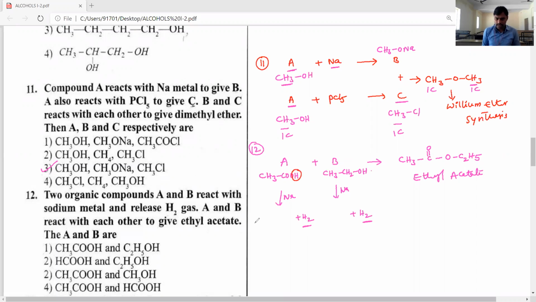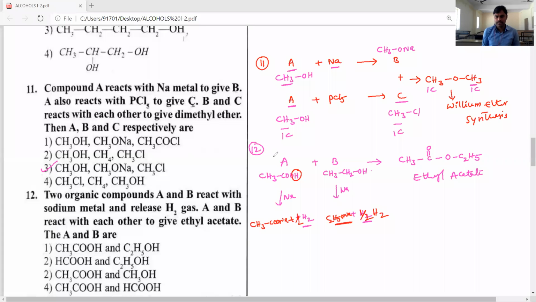The products are CH3COONa plus half H2, and C2H5ONa, sodium ethoxide, plus half H2 gas.